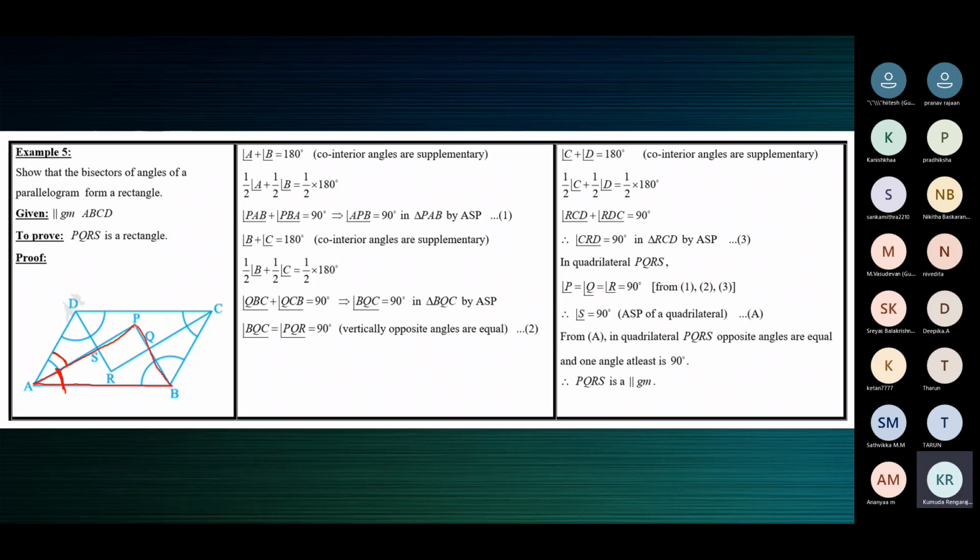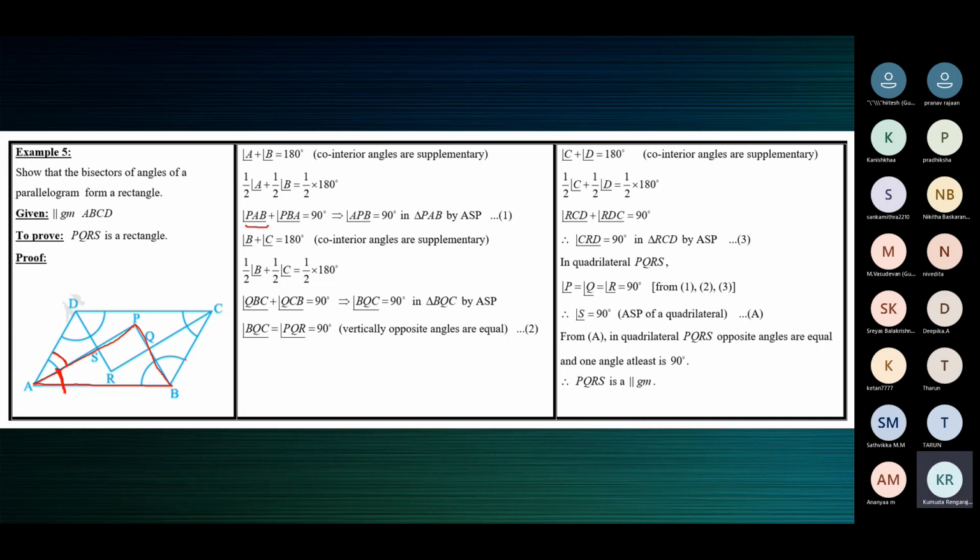So half of angle A is this portion, which can be named SAB or PAB. But since PAB is a triangle, we choose to write it as angle PAB in triangle PAB, which is half of angle A.